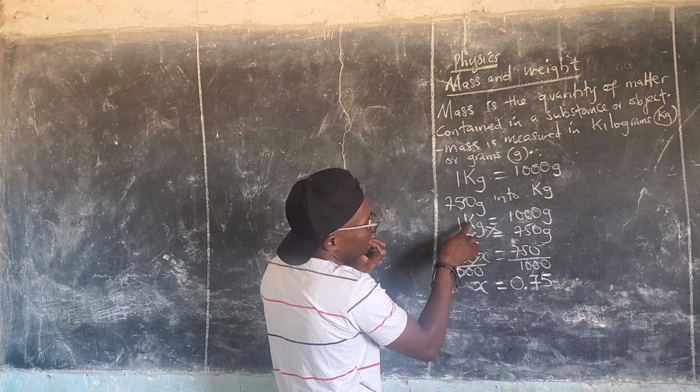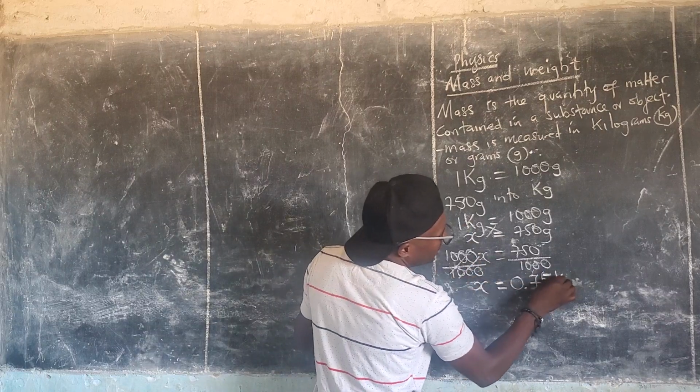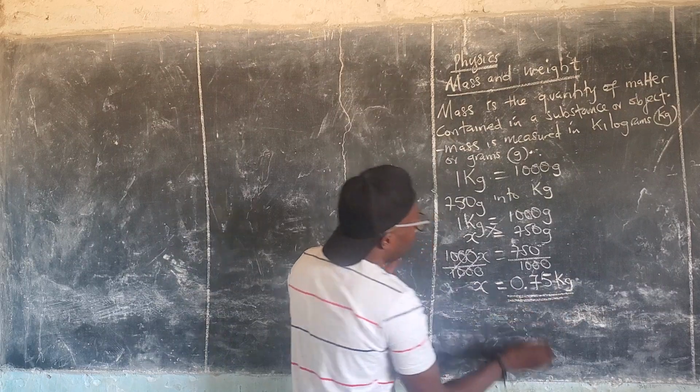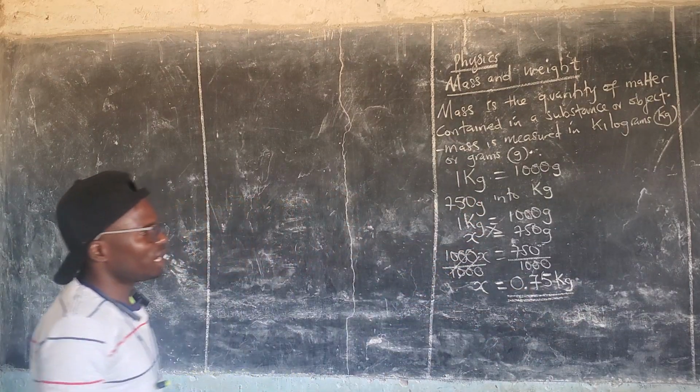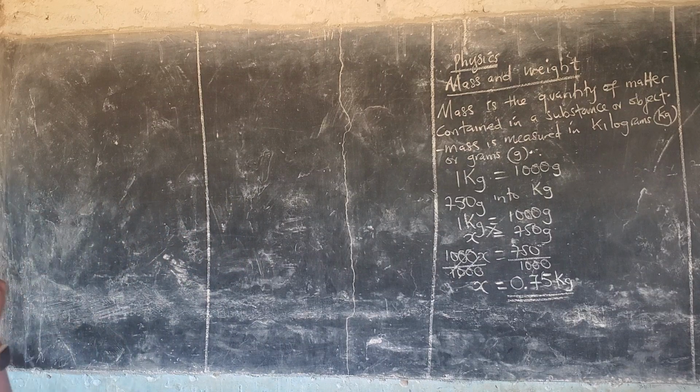So what are these units? The x is under kg, so this is in kg. So in 750 grams, there is 0.75 kg. That is how you convert when you are changing from grams into kg.